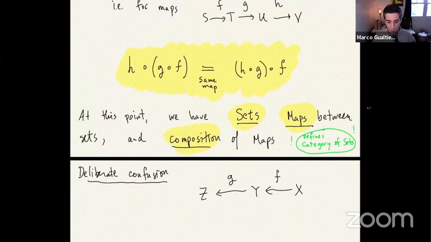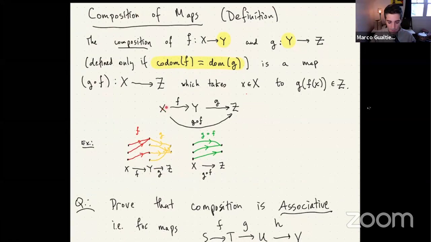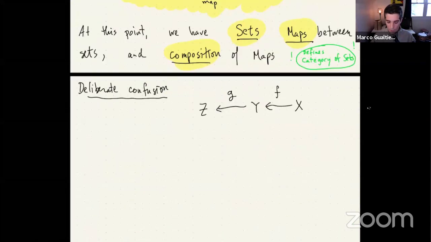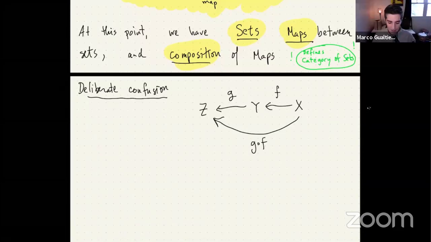The arrows are still pointing from the same space to the same space: I'm going from X to Y and Y to Z. I've just rotated the diagram. But now the nice thing is that when I write the composition, it is in the correct order. Just because of the fact that we wrote it in that way. So some people insist on writing all their maps this way. So purists would draw their maps this way.